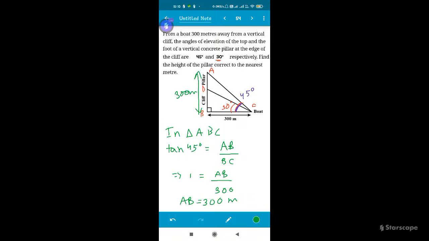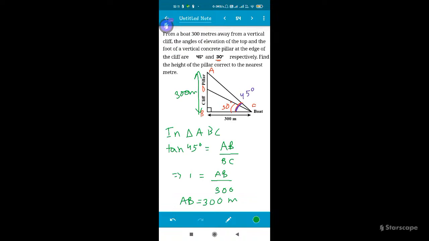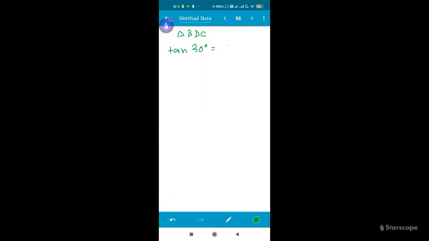Okay, now let us consider the triangle BDC. What happens in triangle BDC? Tan 30 degrees is equal to DB by BC. So tan 30 degrees is 1 by root 3. DB you don't have given to you, but BC was 300 like we saw.